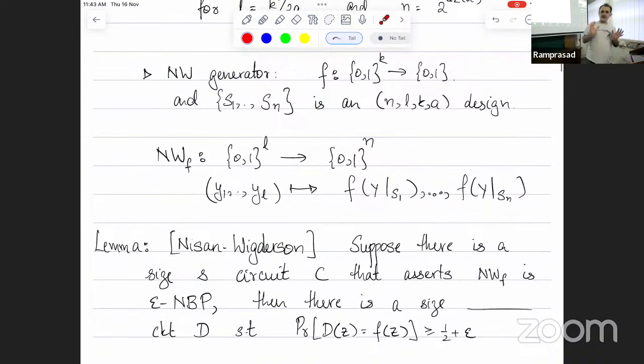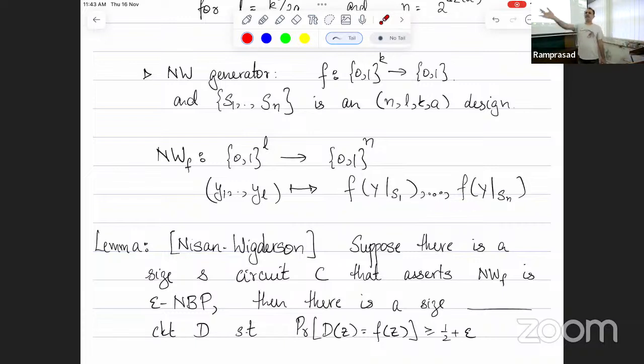And the lemma that we are now going to prove is the following. I'm going to state it in the contrapositive direction, because right now I've made no assumption about the hardness of f or anything. The above definition just works for any f. So what I'm going to now show is that suppose there is some circuit C that asserts that this thing is actually not next-bit unpredictable.